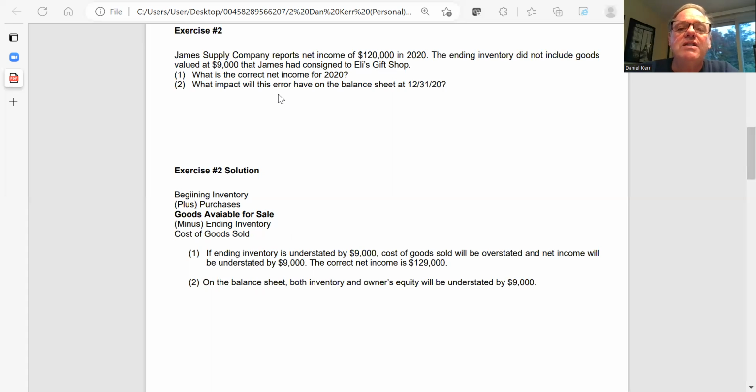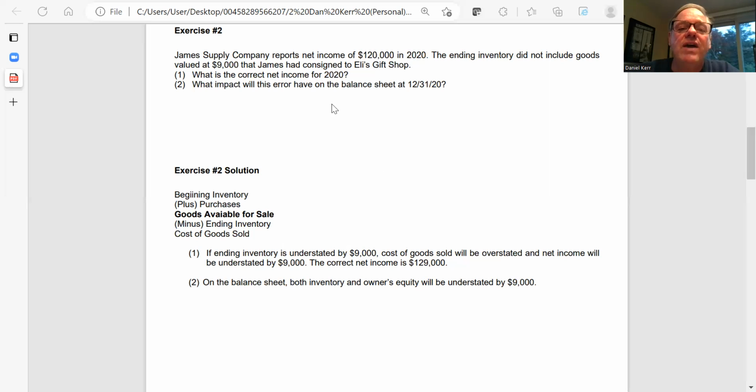So if we've underestimated the ending inventory by $9,000, then the ending inventory is understated and the cost of goods sold is overstated. And since cost of goods sold is an expense, if we've overstated it, we've understated the net income by $9,000. So the correct net income would have been $129,000.